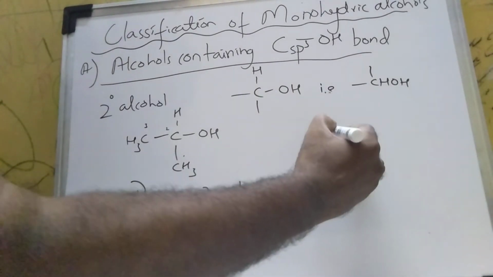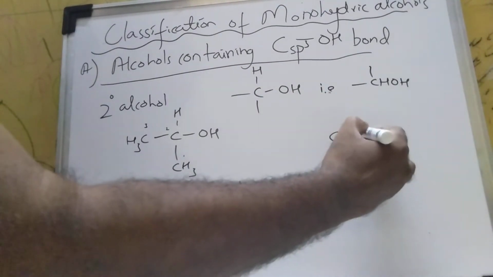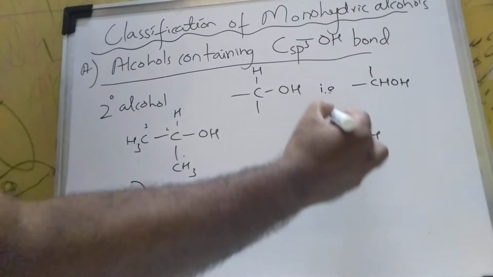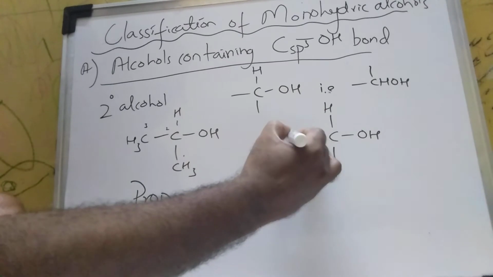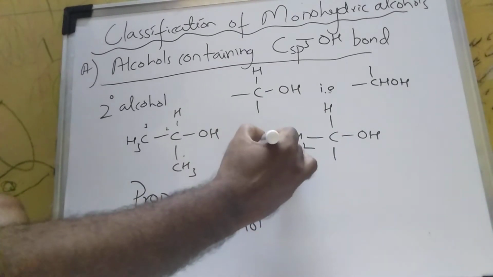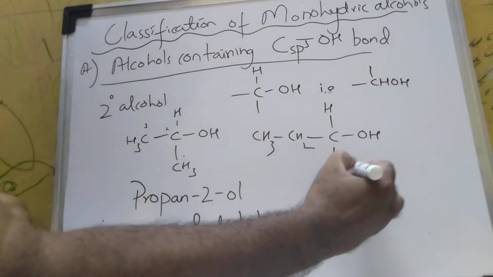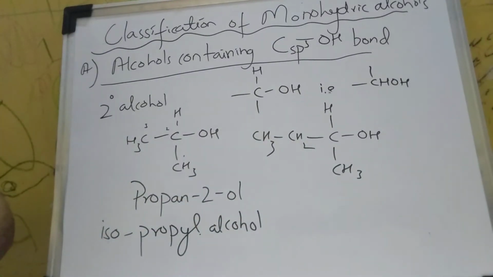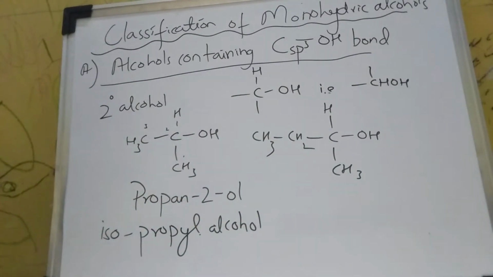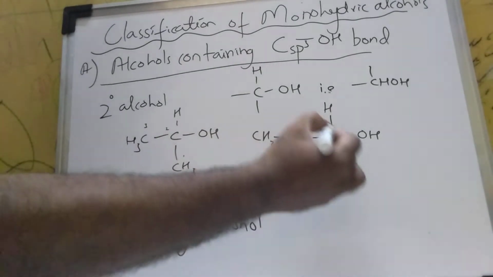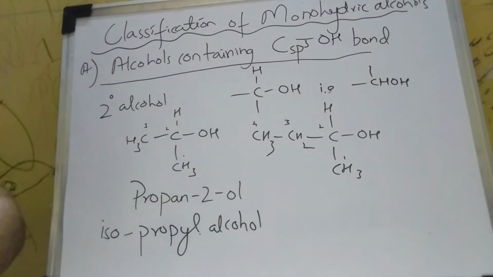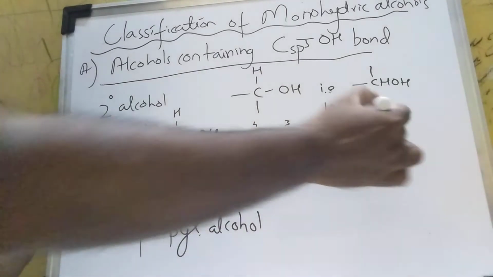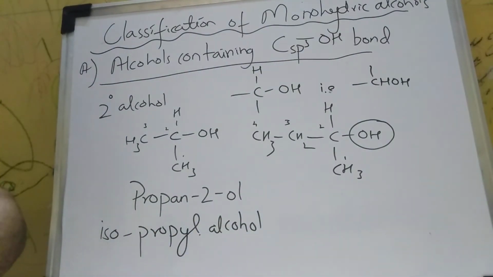Similarly, next one, COH, H, here one CH2, CH3, and here CH3. Now these are 4 carbon atoms, means butyl. I'll go for the IUPAC name first. 1, 2, 3 and 4. 4 means butyl, but as such the functional group OH is branched, right?